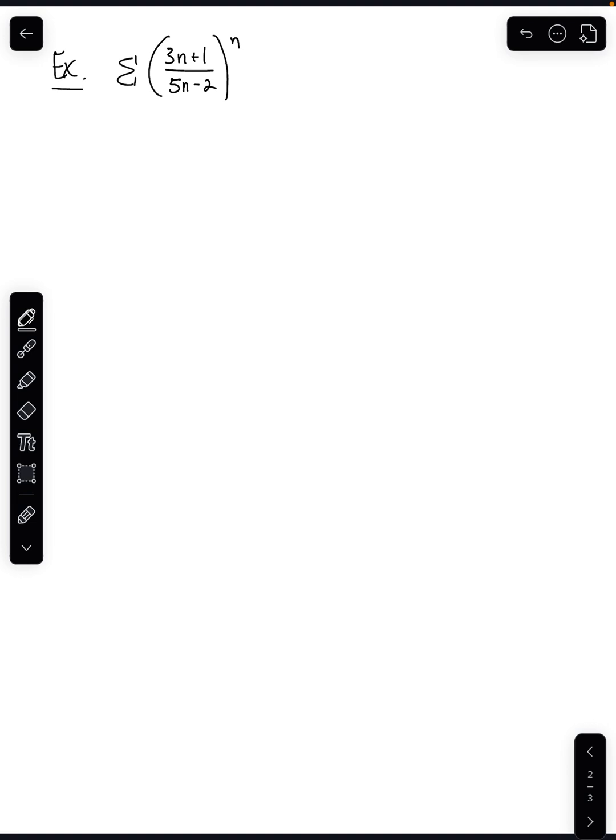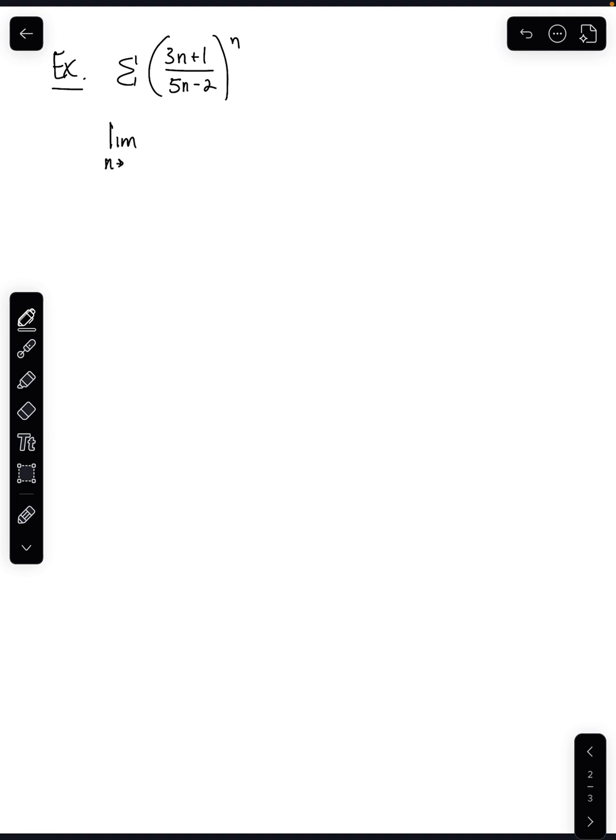This would be very difficult to integrate. Likewise, the direct comparison test and the limit comparison test do not necessarily provide us with an obvious comparison series. The ratio test would be very difficult to work with here because of the n's inside the rational expression as well as the exponent. This actually is a very good time for the root test.